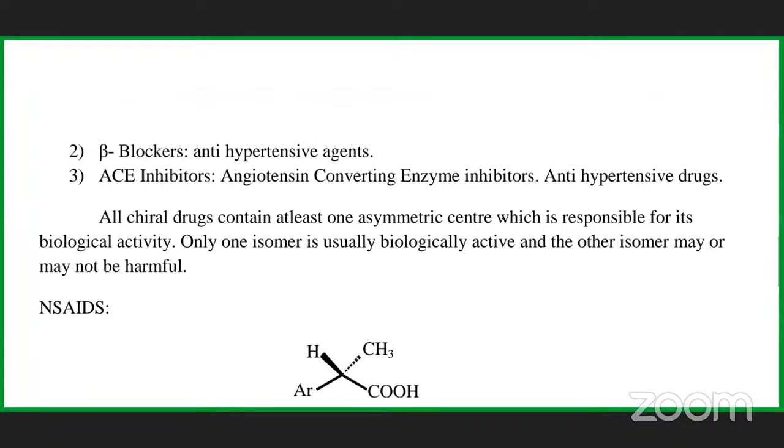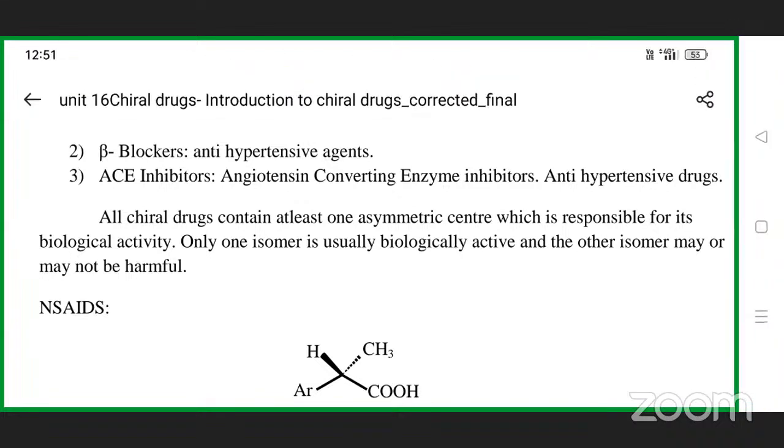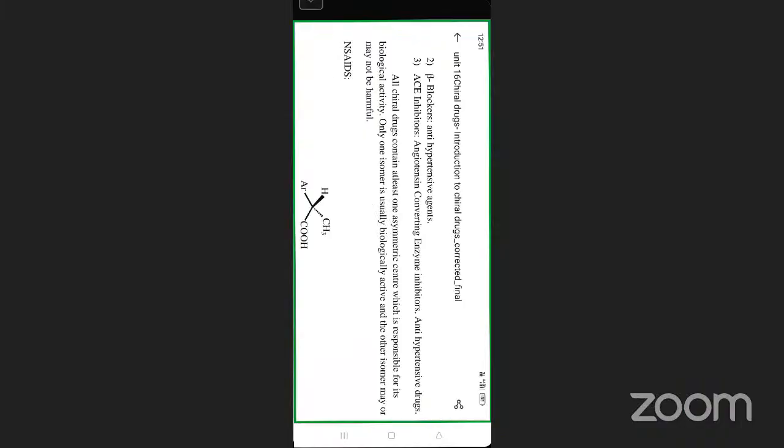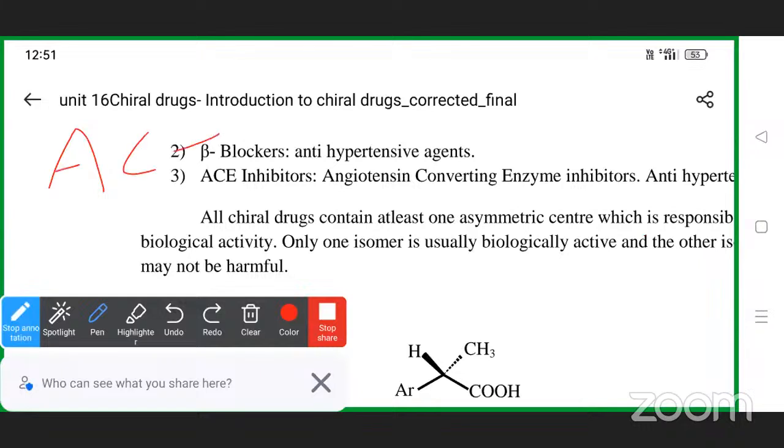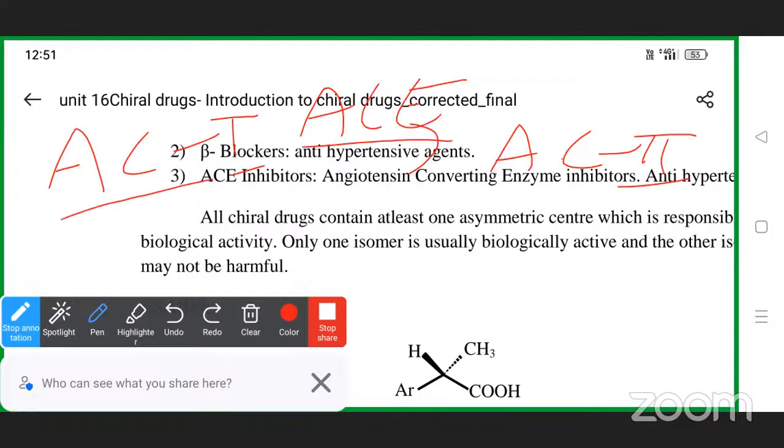Activated, more activated here. So angiotensin is a chemical, a decapeptide. This decapeptide is converted into an octapeptide. Here is angiotensin 1, and it is angiotensin 2. Angiotensin 1 is a decapeptide, and angiotensin 2 is an octapeptide.